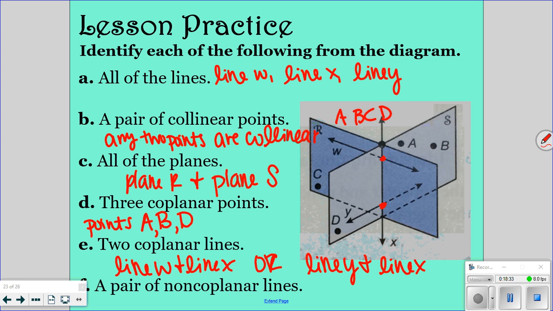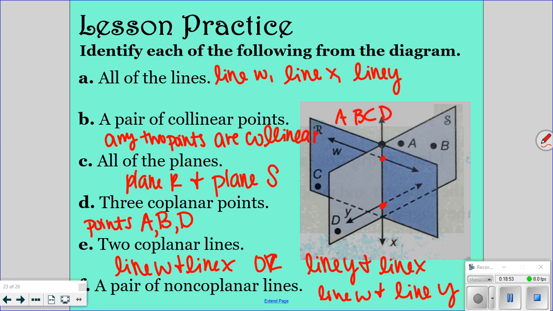So those would be 2 coplanar lines. And then a pair of non-coplanar lines would be lines that do not intersect. So the lines that don't intersect are line W and line Y. So that would be the answer for that one.